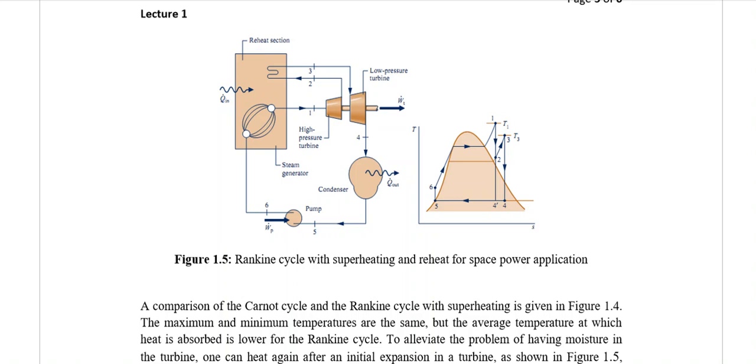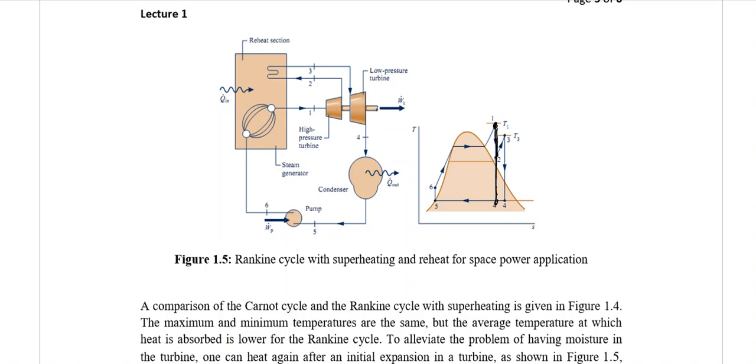When I'm expanding the steam from state 1 to, let's suppose, this state, there is quite a big expansion, and the enthalpy drop is increased. When the enthalpy drop is increased, obviously we would need a bigger turbine, and there can also be an inefficiency in the enthalpy drop.